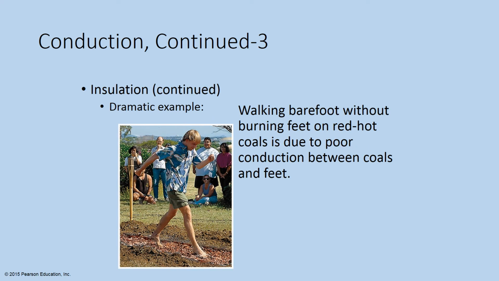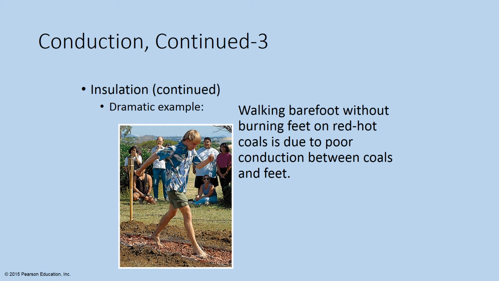And similarly, a down jacket filled with bird feathers, which have very good insulation, also slows the rate of heat loss from the body to the outside world, and therefore keeps us quite warm. Now, another example of a very good insulator are red hot burning coals, which are laid upon the ground. As you see here, the person walking is able to walk over the red hot coals.